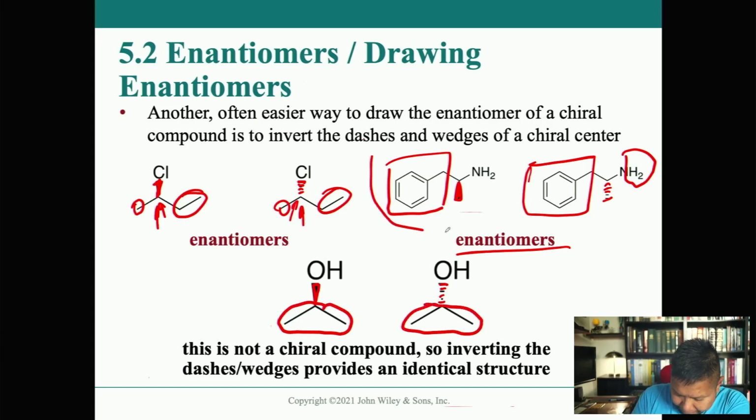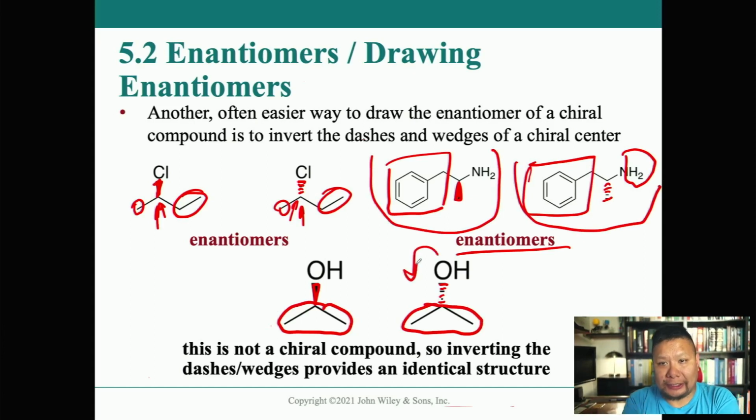Unlike here, this structure is not symmetrical. Okay? So if you were to flip this over, you'd then have the OH pointed towards you. So it's not just as easy as making one dashed and one wedge to make it an enantiomer. In this case, since they're symmetrical, they're definitely not enantiomers. These guys are identical to each other.